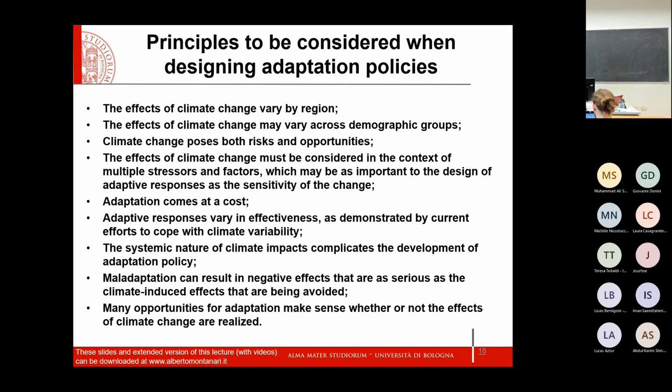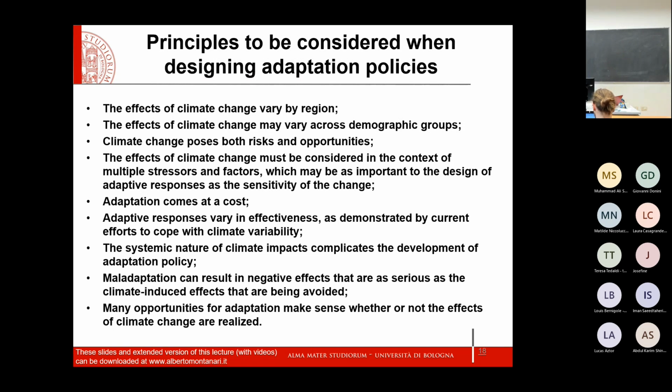We already talked about the opportunities of climate change, so let's keep a focus on these opportunities, and when we discuss decision theory, we will make a special focus on it. The effect of climate change must be considered in the context of multiple stressors and factors, which we already discussed. Adaptation comes at a cost, fine, we already discussed.